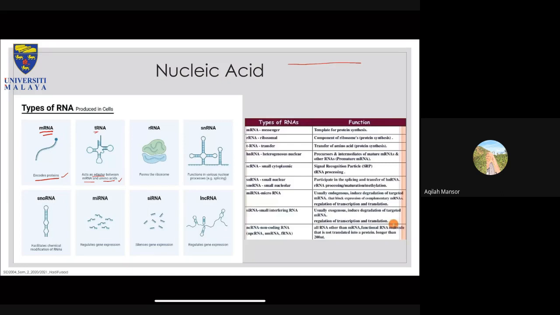Other than that, we have rRNA, which is ribosomal RNA. Our ribosome, which I mentioned previously, functions to synthesize proteins in our cell, like 1,000 amino acids per second. If it's a protein, then it contains amino acids.